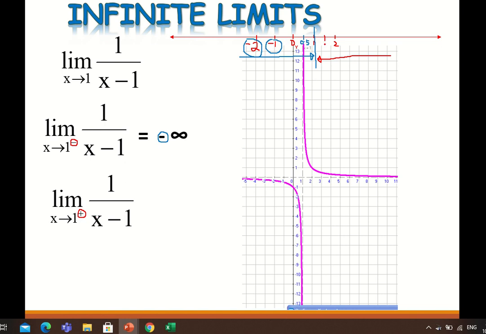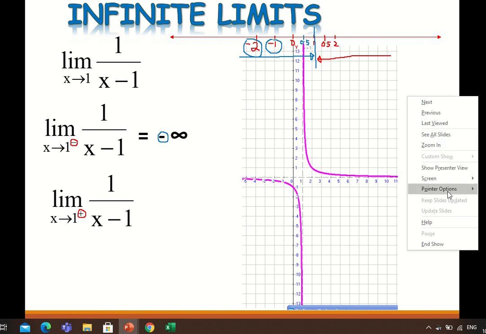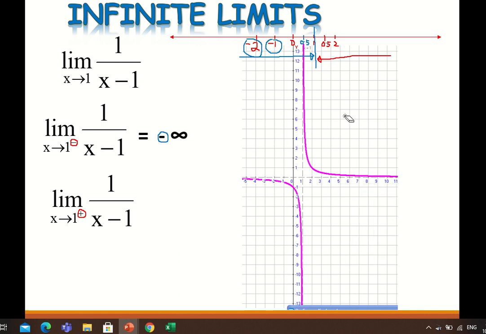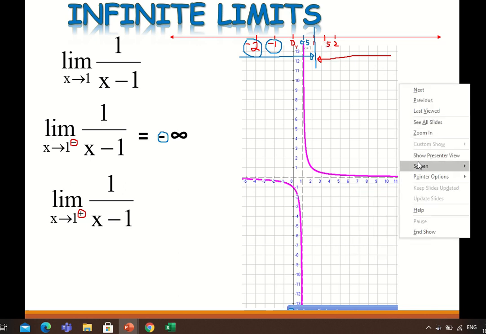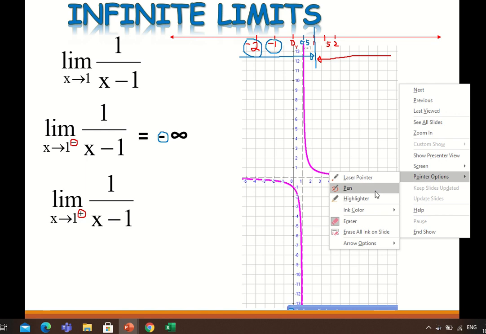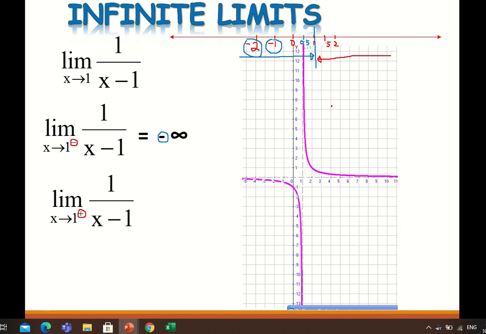Assuming this is our 0.5, sorry, this is 1.5. So coming from the right going to 1, our values are decreasing.